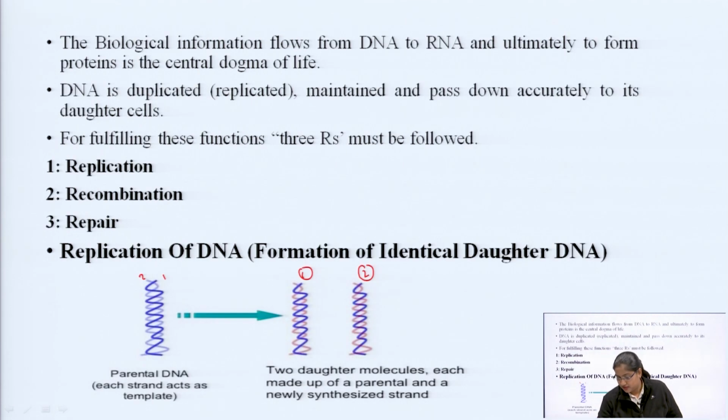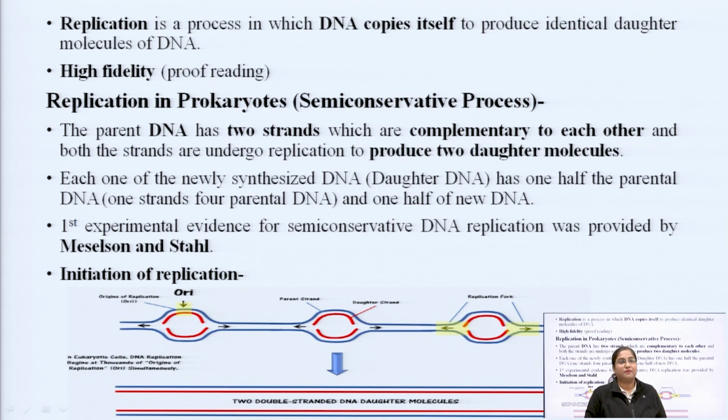As we discussed in this slide, only half of the parent DNA will make one full daughter DNA, and the other half of the DNA will make the second daughter DNA. That means at a time we are using just half of the parent DNA. That is why the replication process is called semi-conservative.